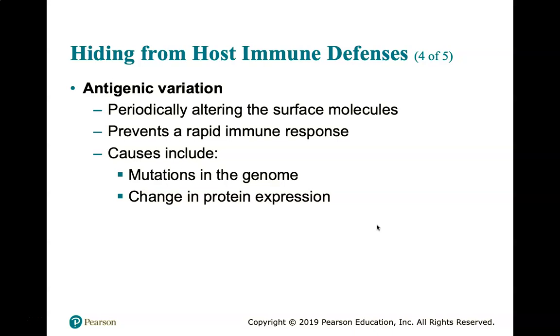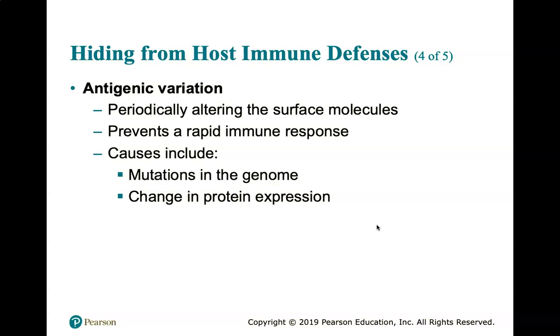Now that this organism has altered it to a different variation, your immune system has to go back to the drawing board and start building up B cells and T cells and antibodies again for the second antigen that was on the surface.